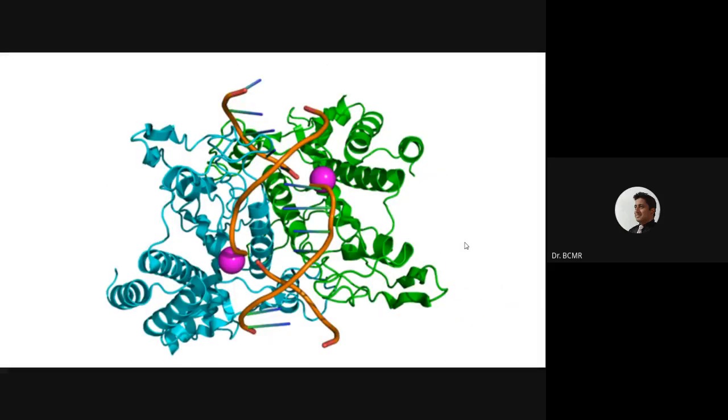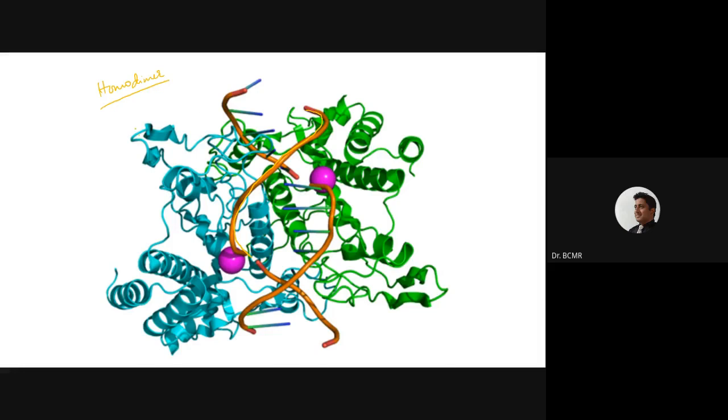So why should it be palindromic? This is a nice picture of it. What you're shown here is the DNA, and the restriction endonucleases are homodimers. If not all, at least many of them are homodimers.